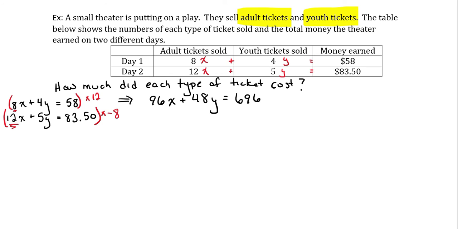And now we're going to multiply every number here by our negative 8. So 12 times negative 8 is negative 96x. 5 times negative 8 is negative 40y. And 83.50 times negative 8 is negative 668.